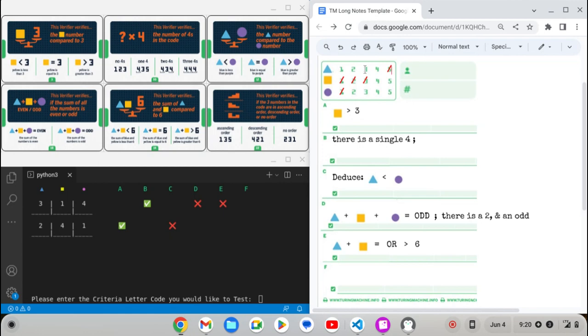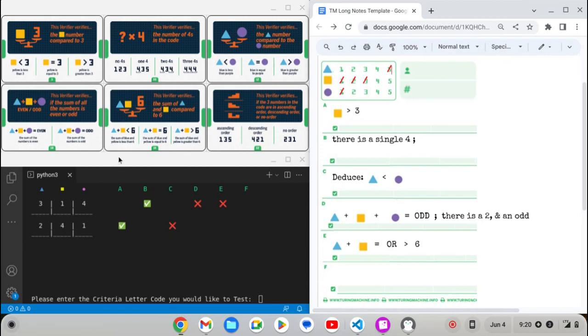So the only greater than 6 would be 3, 4, 2, 5, 3, 5, and 4, 5. Yeah, I think I'm going to have to go ahead and test 6 again. I think there's just too many possibilities.